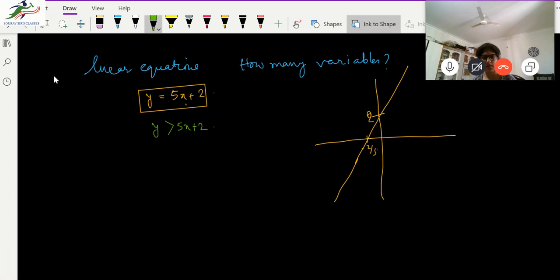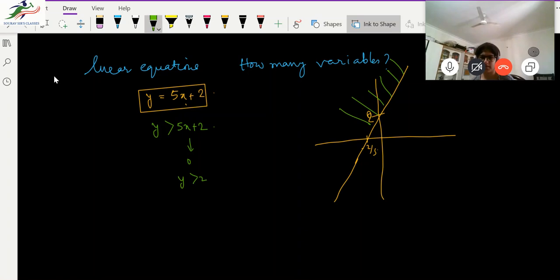How do we find that out? So again, let's take x equal to 0. So y greater than 2, right? Y greater than 2 means all of this, right?